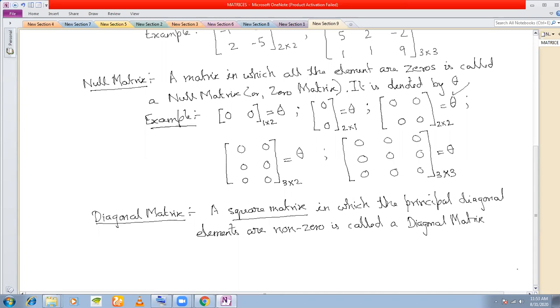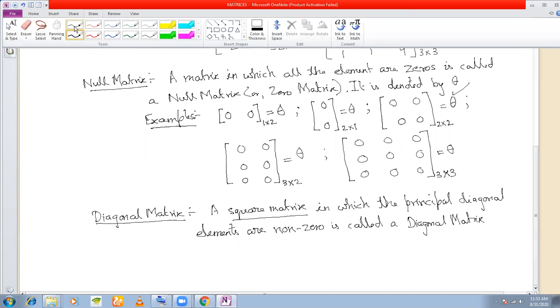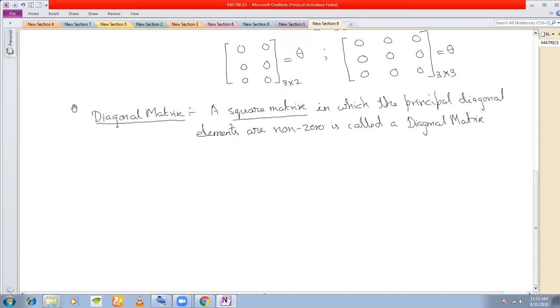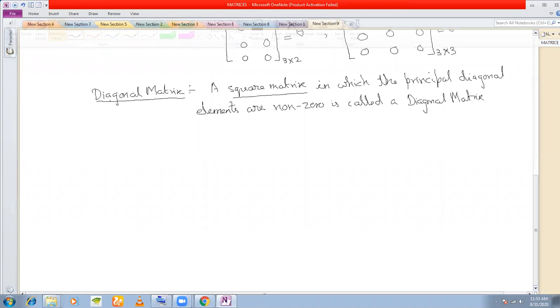Examples of a diagonal matrix. Let's take matrices of order 3.